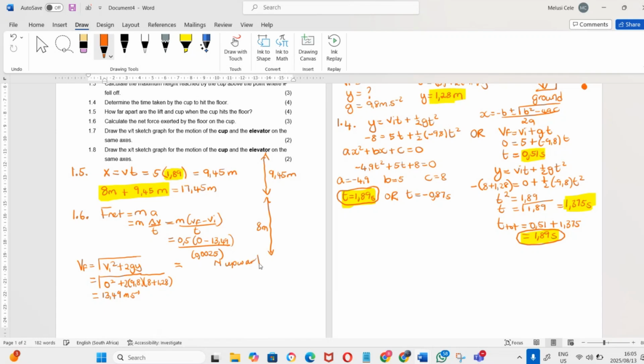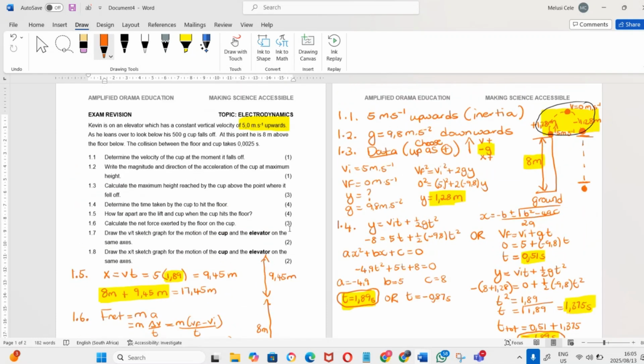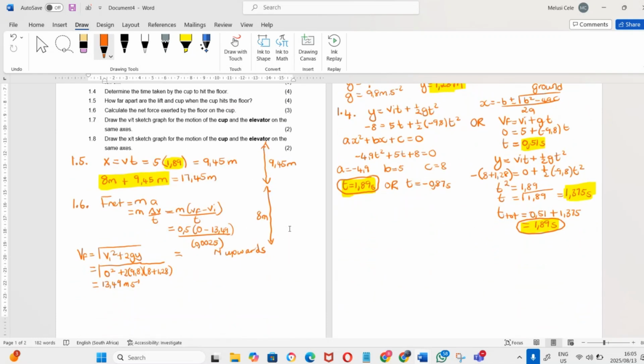Obviously, this force would be upwards because the floor is exerting a force on the cup upwards. Let me double check the time. It is 0.0025. So let's just punch that in quickly.